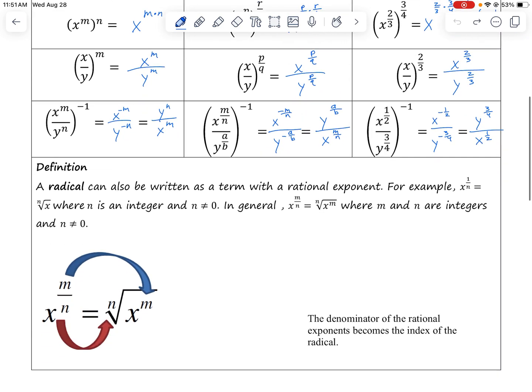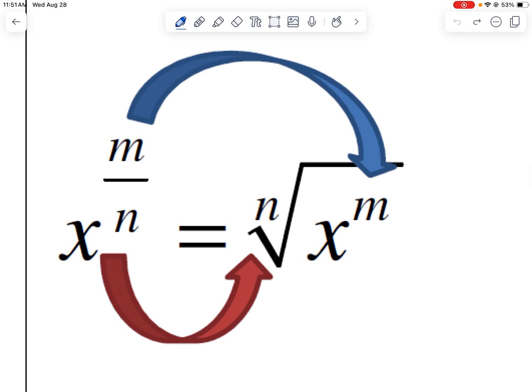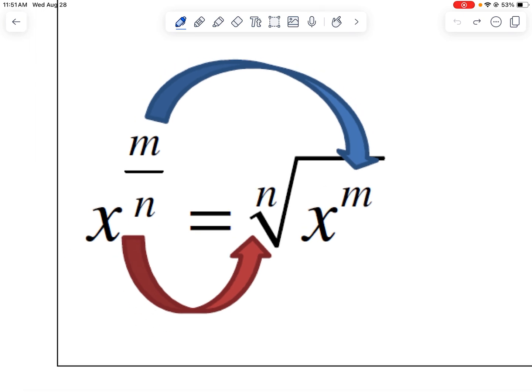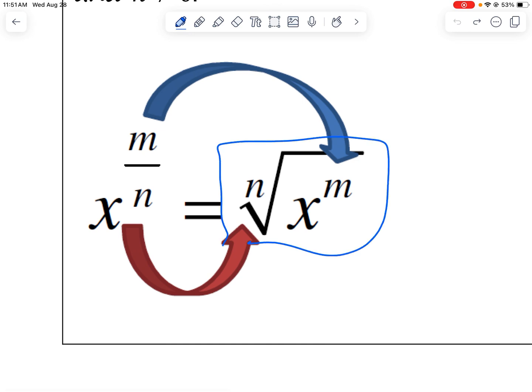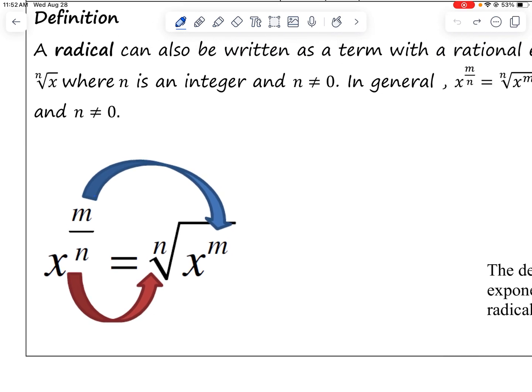But you also need to be aware that fractional exponents give you something called a radical. So this is radical form, and this is exponent form of a thing. The number on top of your rational exponent becomes the power inside, and the number on the bottom becomes the root on the radical.